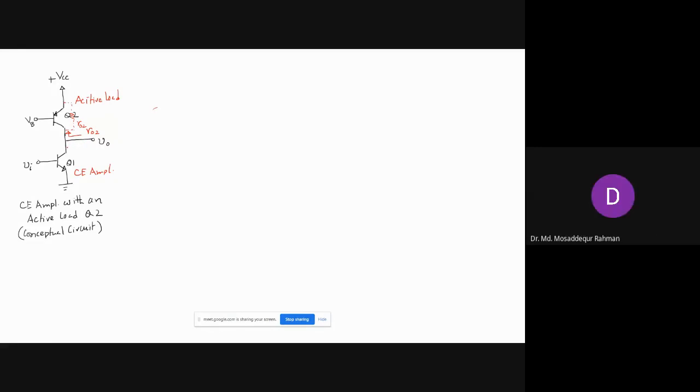Now, what will be the gain of this one? Here, like before, we also have the resistance r01.